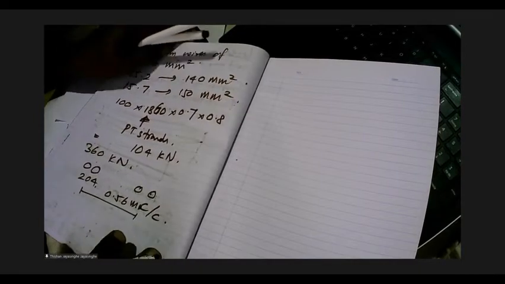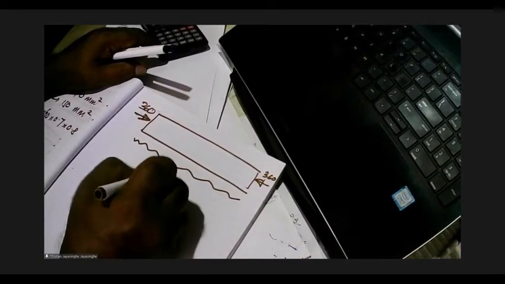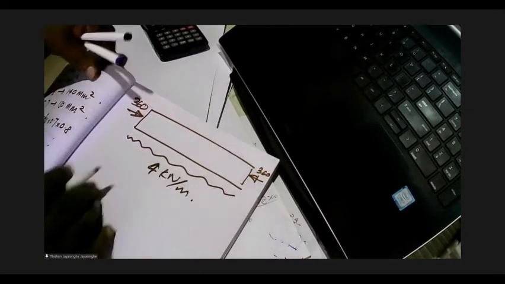So now we have selected the strand, so we know the pre-stress, and this is the final pre-stress. We have an axial force of 360, and an upward force of 4 kilonewtons per meter, and we have a downward force of 4, and then a downward force of 0.75, and another downward force of 1.0.